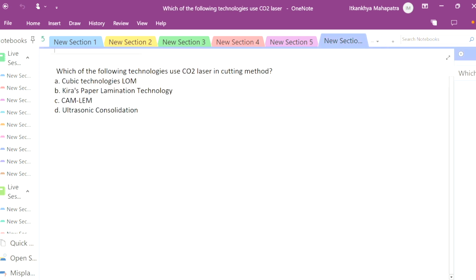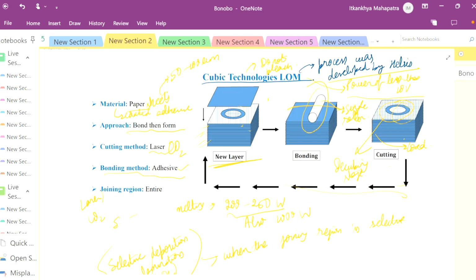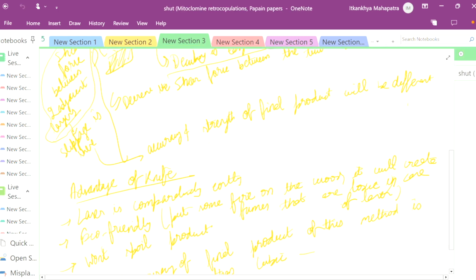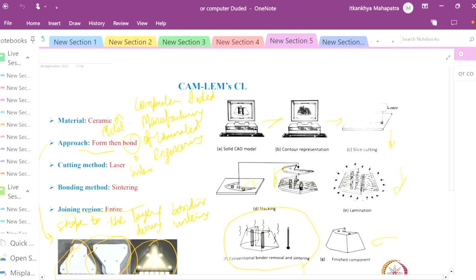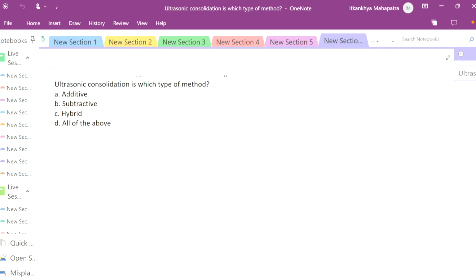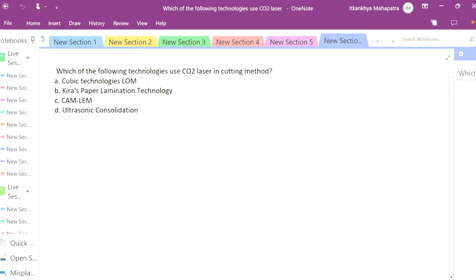Next: which of the following technologies use CO2 laser as the cutting method? Quickly, we saw that CO2 laser is used in cubic technology LOM, and knife is used in paper lamination technology, and also in the PM method we use laser. So according to the options, the correct option is cubic technology LOM and CAM lab.